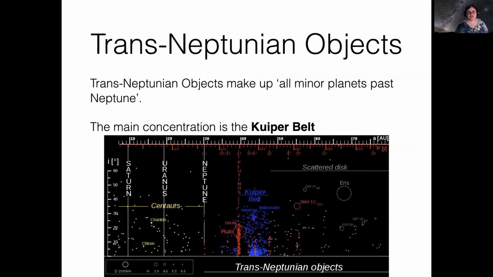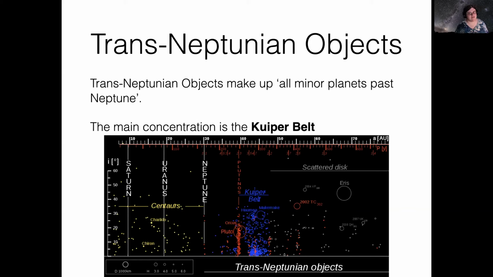So let's look at the trans-Neptunian objects. We'll come back to the centaurs. Trans-Neptunian object is the word for anything past Neptune. Now, many of those live in the Kuiper belt, which is a belt of objects that lives past Neptune.